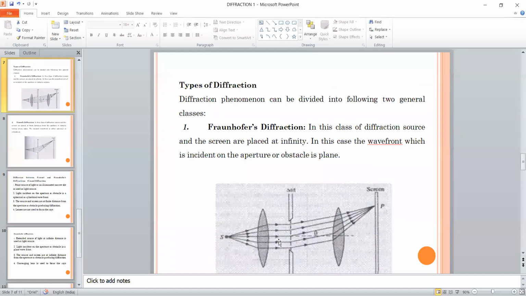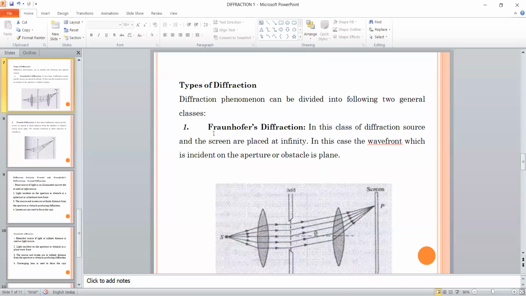So it is a clear picture, you know. This is the slit. Actually, the slit is nothing but an obstacle or aperture. So at the corner of the obstacle, the light rays start bending here. When you observe that, this bending property is nothing but diffraction.